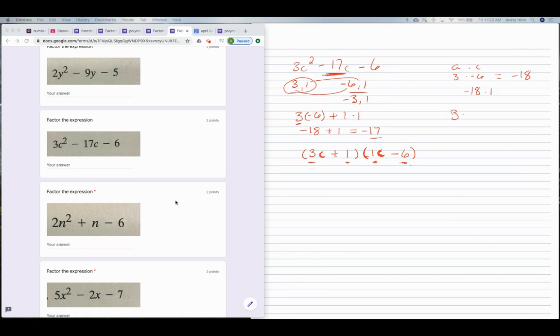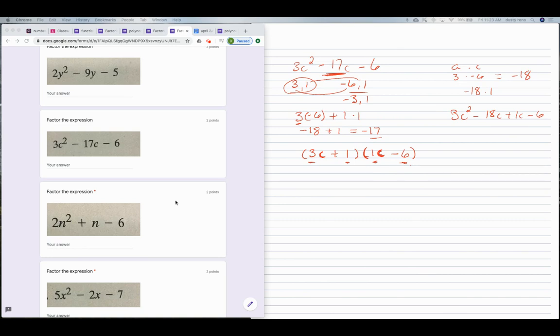So now it'd be 3c squared minus 18c plus 1c minus 6. Okay, and what you'll notice is that if you add these two values together, you're going to get a negative 17.